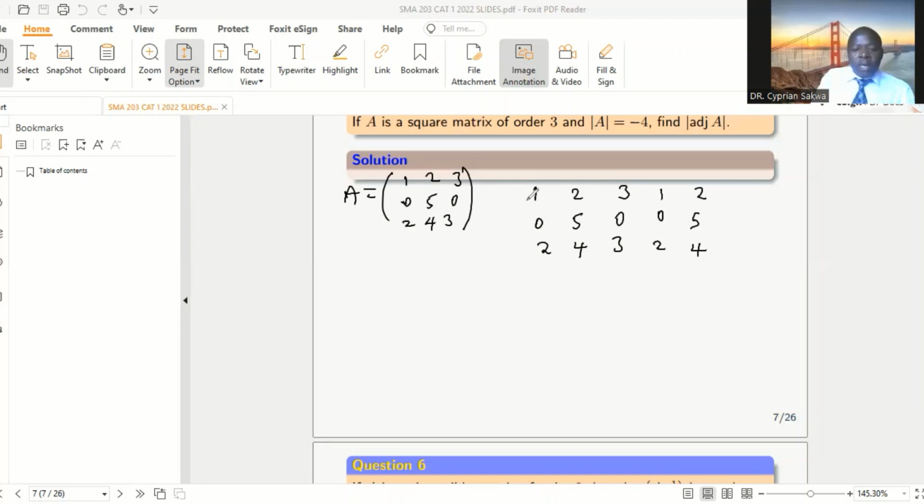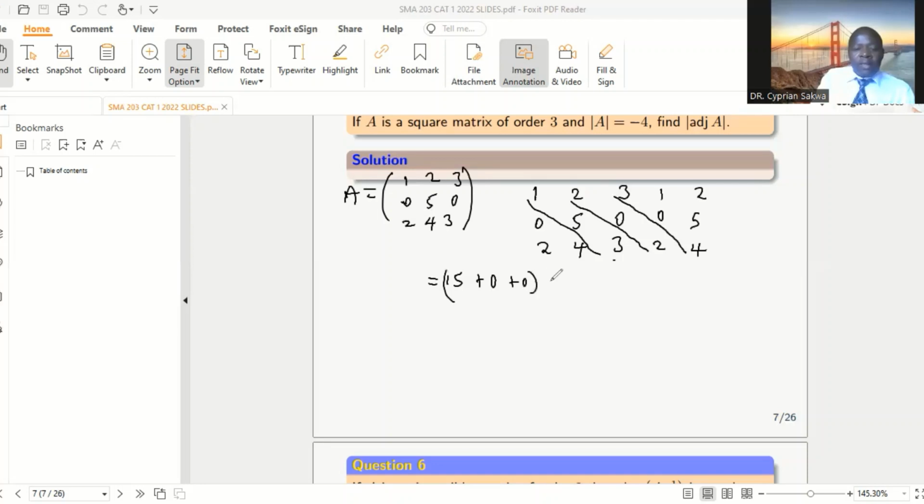Now, when I multiply along this diagonal, I have 15. Along this other diagonal, I have a 0. Along this other diagonal, I have a 0.